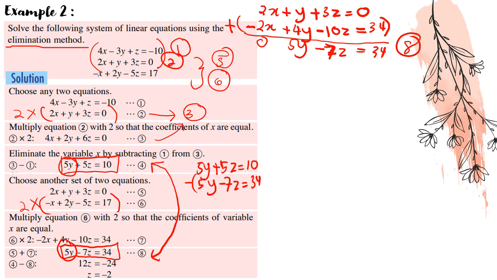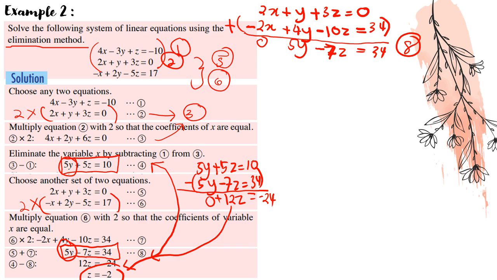So I use operation subtraction. So 5y minus 5y becomes 0. 5z minus negative 7z becomes 12z. Okay, so 10 minus 34 becomes negative 24. So that's how you get here. Okay, so z, you get negative 2.